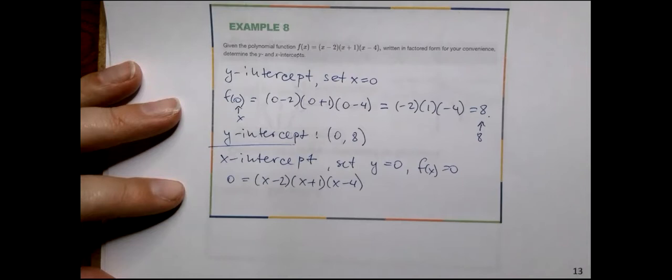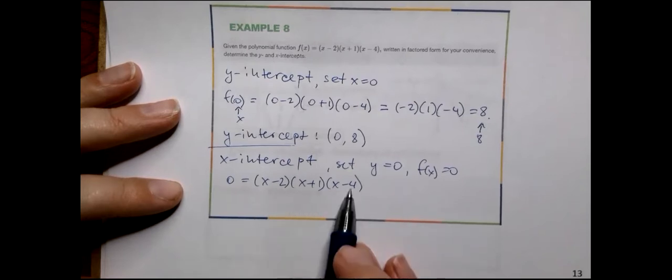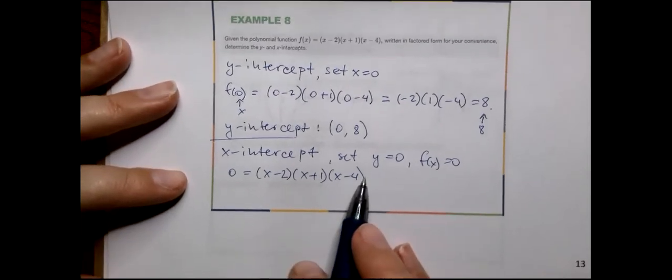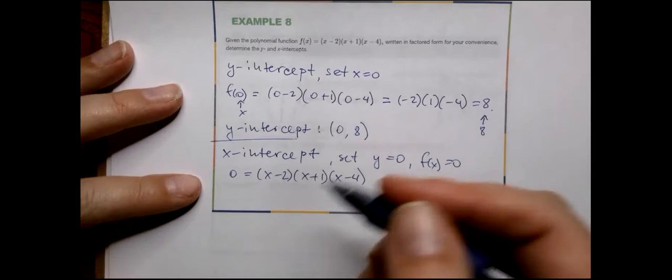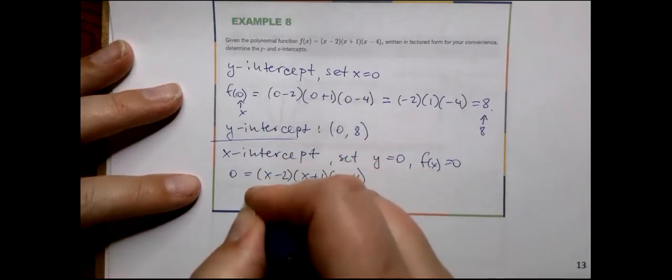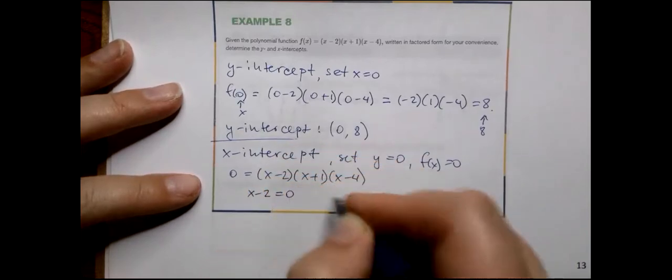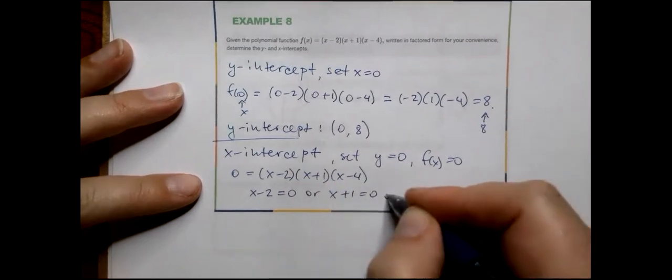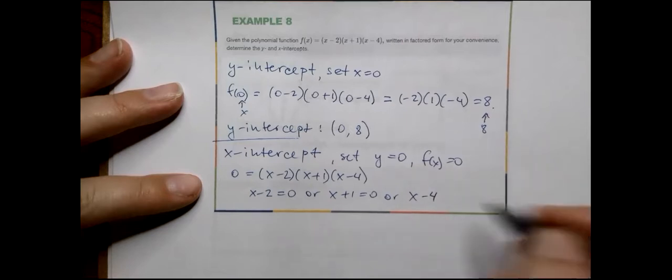Well, remember the zero product property? If we have a product of a times b that equals 0, then either a equals 0 or b equals 0. In this case, we have a times b times c, so any one of these factors could be equal to 0. So that's what we're going to write: either x minus 2 equals 0, or x plus 1 equals 0, or x minus 4 equals 0.